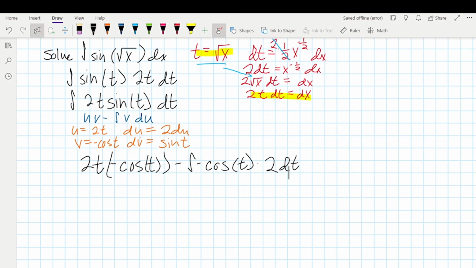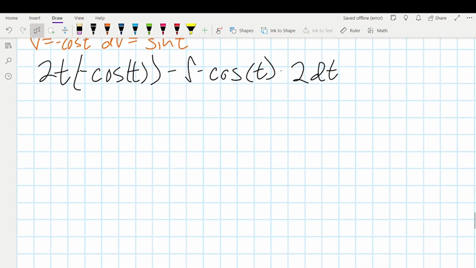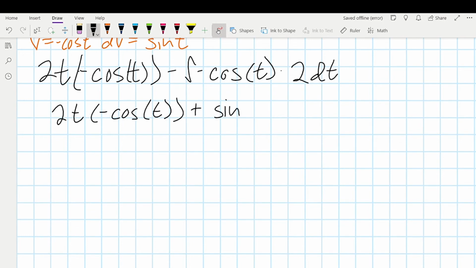So this is now our new integral, and we can rewrite this part because this part's just going to come along for the ride. Sine t. And this integral, now this negative sign will become positive. So plus sine of t, and then we'll just move this over here. So it's plus 2 sine of t.